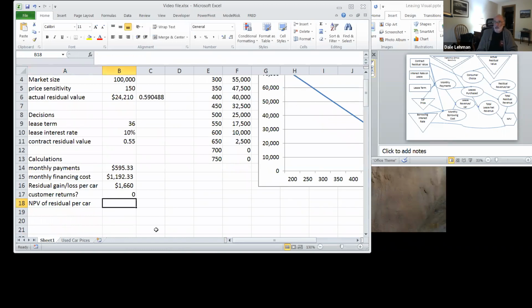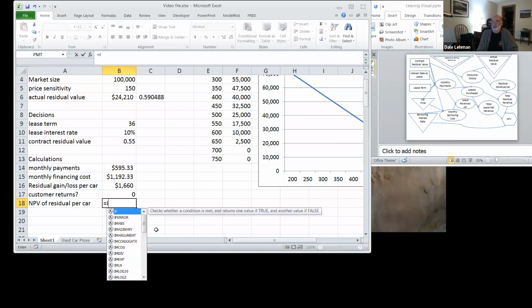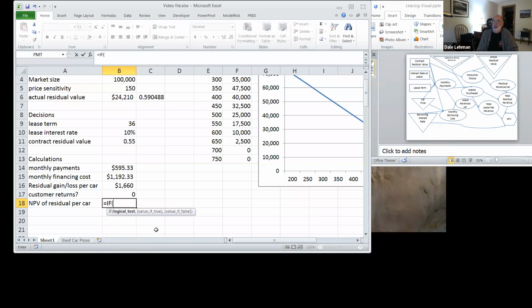So there are many ways to enter this formula, but let's try if B17 equals 0, so that means the customer kept the car. What are we going to get? Well, the customer keeps the car, we're going to get the contract residual value, but we're getting it in 3 years' time. So the present value of it has to be discounted to the present.